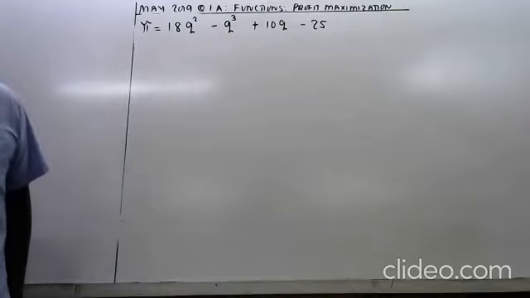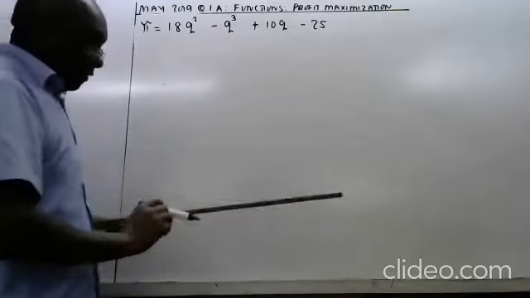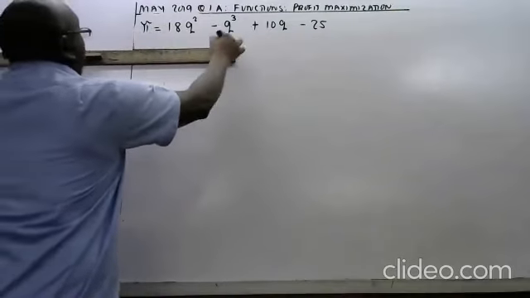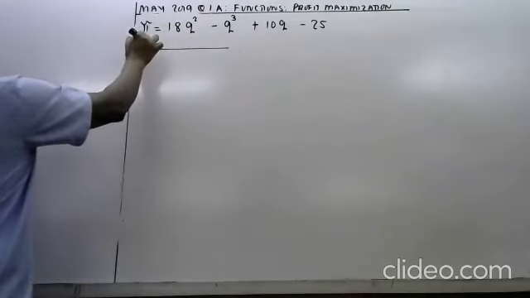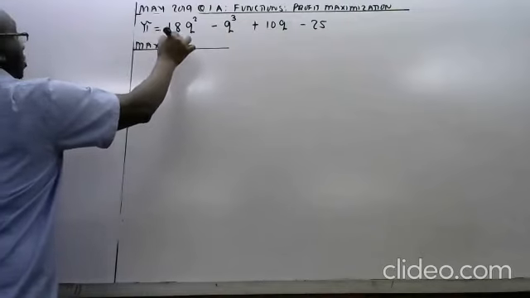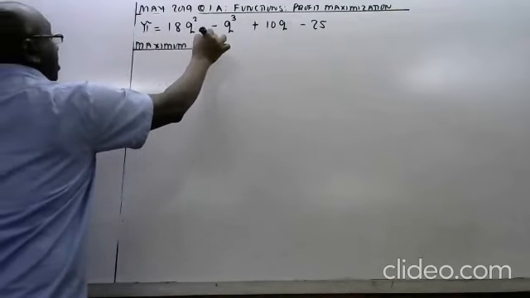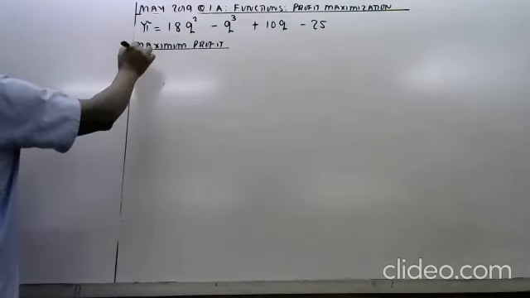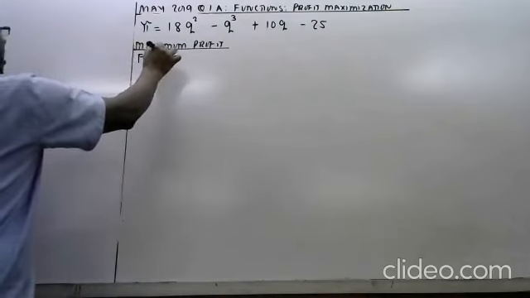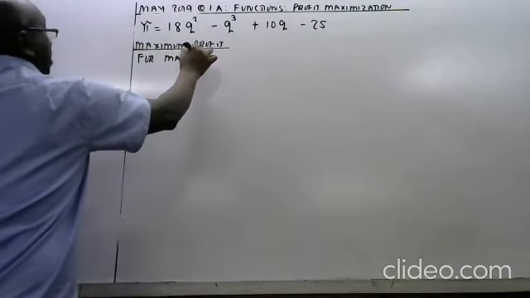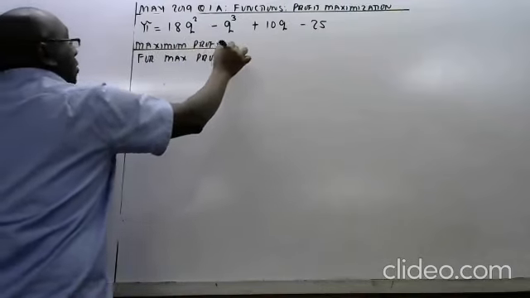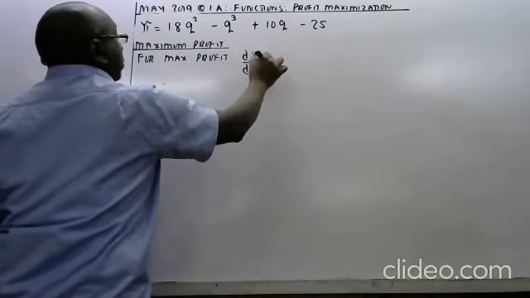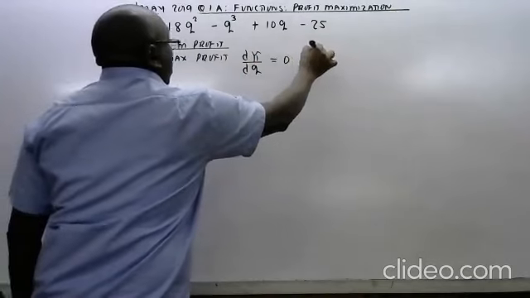With that, we are told to get maximum profit. So proceeding down here, where I wish to get maximum profit, I told you begin by saying for maximum profit, the differential of pi with respect to Q should be 0.